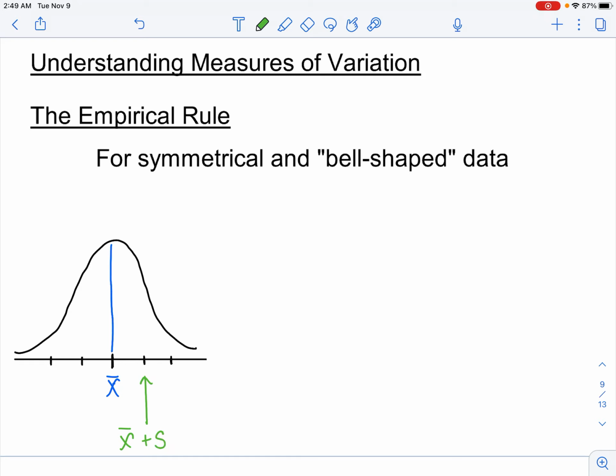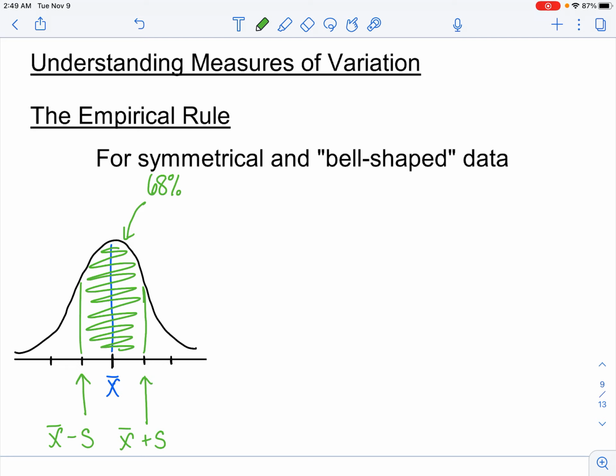So if I go up by 1 standard deviation, or down by 1 standard deviation, and I cut the graph off at those 2 points, this middle portion of the data contains 68% of the data values between those 2 numbers.